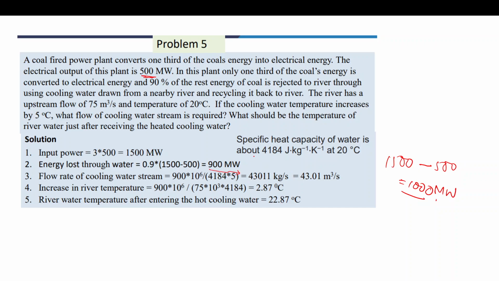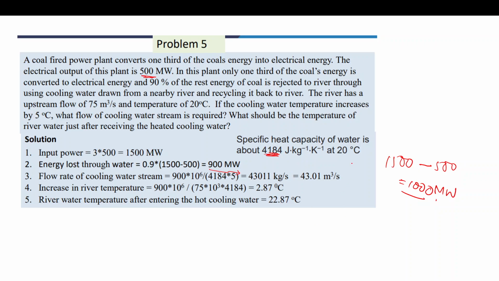The river has a temperature of 20 degrees Celsius, and if the cooling water temperature rises by 5 degrees Celsius, what flow of cooling water stream is required? The specific heat is given: for 1 kg, each degree rise in temperature requires 4184 joules.